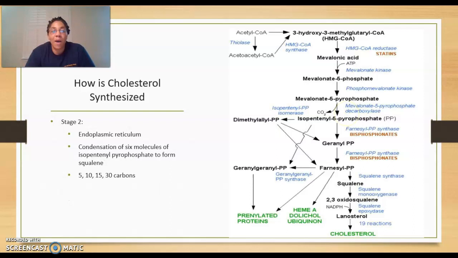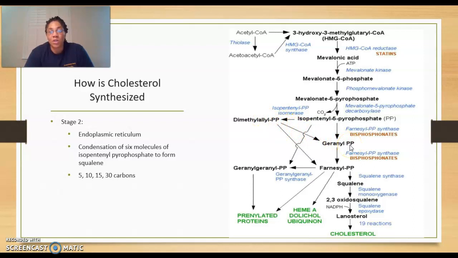The next stage happens in the endoplasmic reticulum. Now, the isopentenyl pyrophosphate is going to be condensed to form squalene. This happens in a 5-10-15 carbon-like progression. Dimethylallyl pyrophosphate pairs with isopentenyl pyrophosphate, which you don't see in this structure, to form geranyl pyrophosphate. So that's the 5, and then that's the 10.